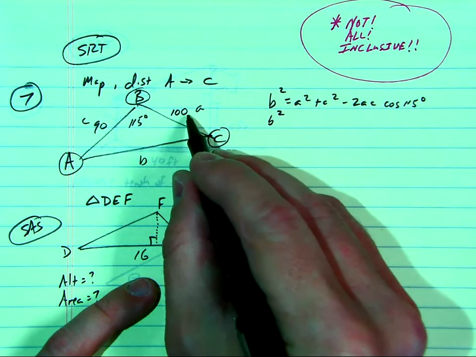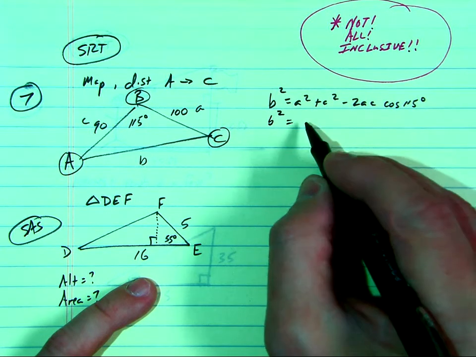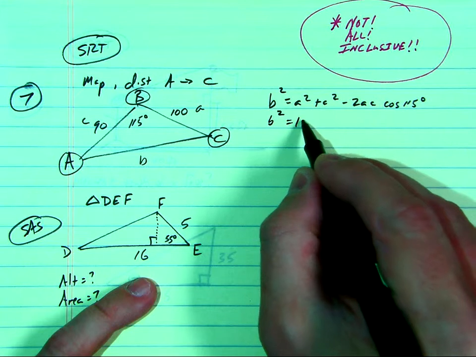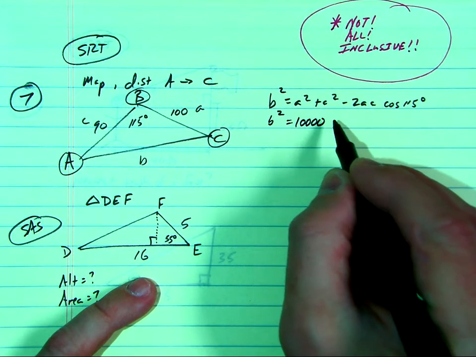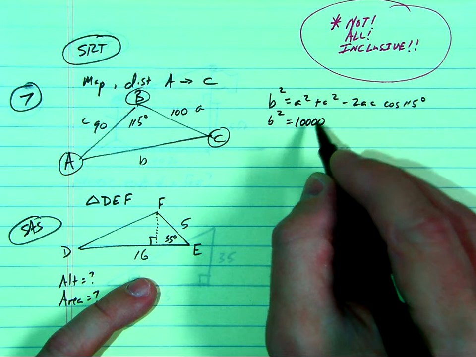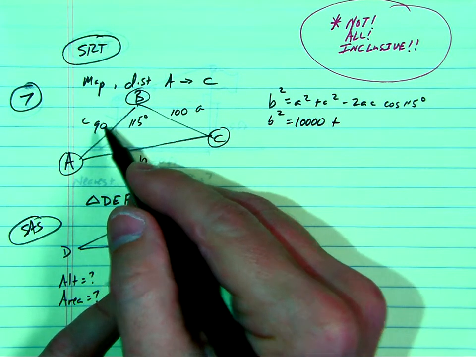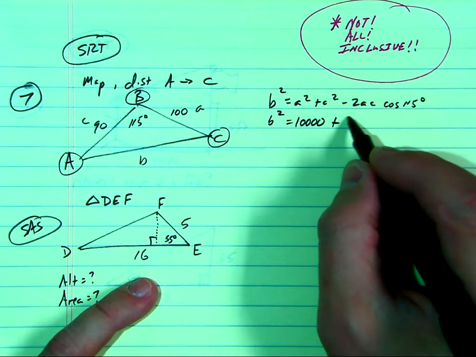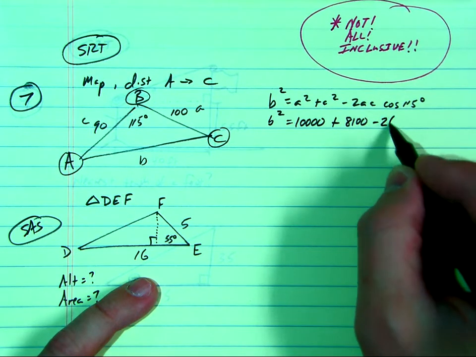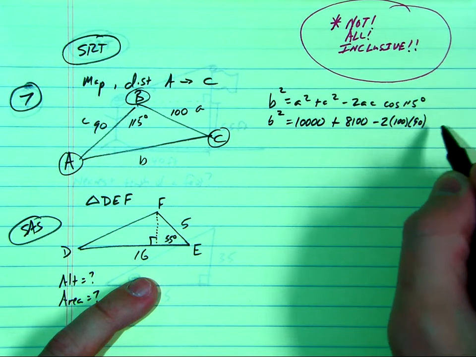Okay, so a squared is, what's 100 squared? Is that 10,000? Okay. And then plus c squared, what's 90 squared? Is that 8,100? Okay, then somebody plug in for me 2 times 100 times 90.